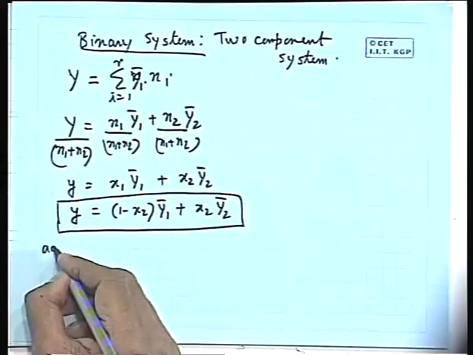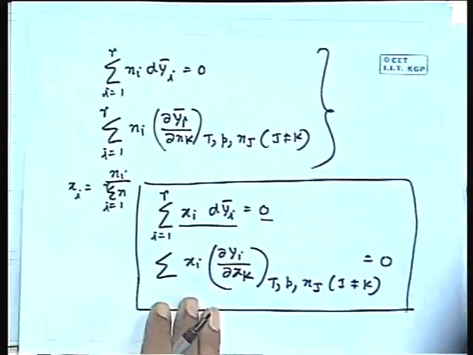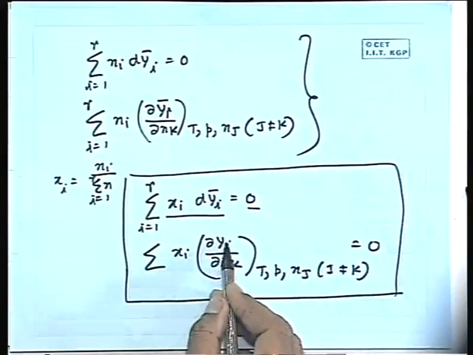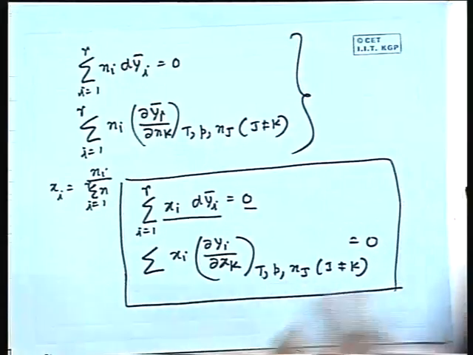Again we can use the expression from Euler's theorem, sigma x_i del Y_i bar del x_k at T, P, n_j not equal to k is equal to 0.